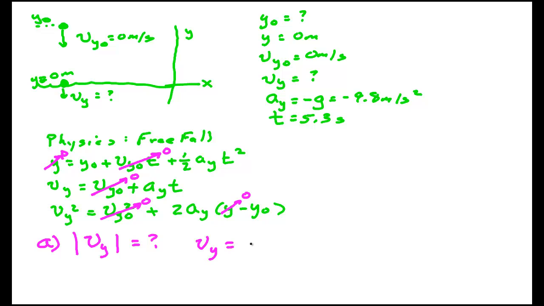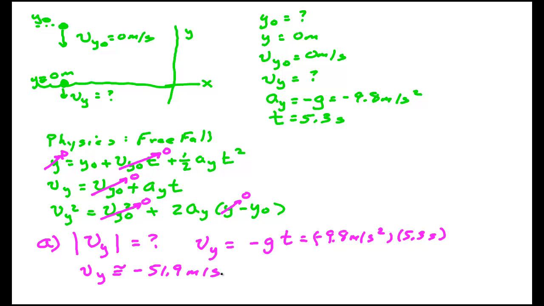Vy is equal to minus g t, which is minus 9.8 meters per second squared times 5.3 seconds. Vy is approximately minus 51.9 meters per second. So the absolute value of Vy, which is the speed, is therefore 51.9 meters per second. So that's the answer to part A.